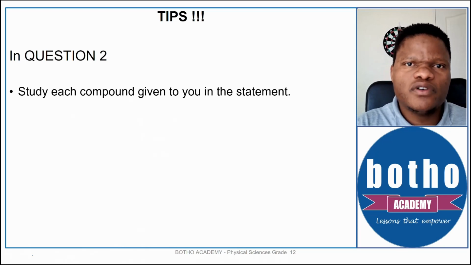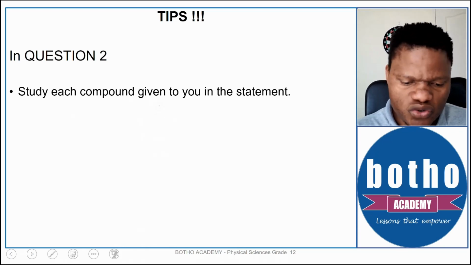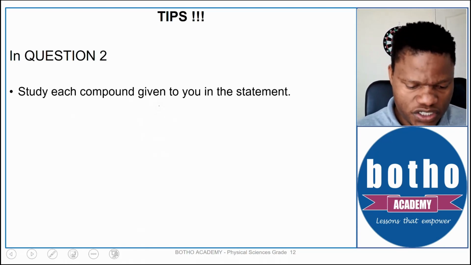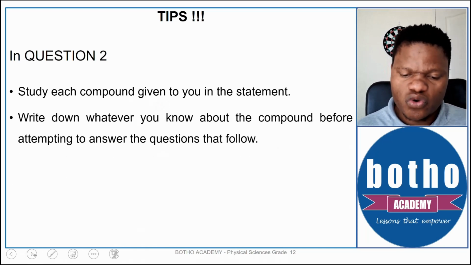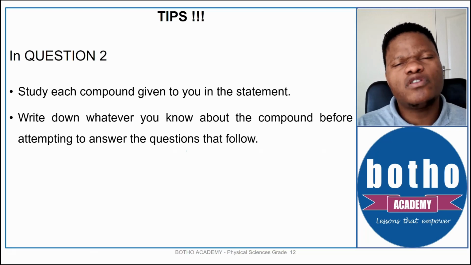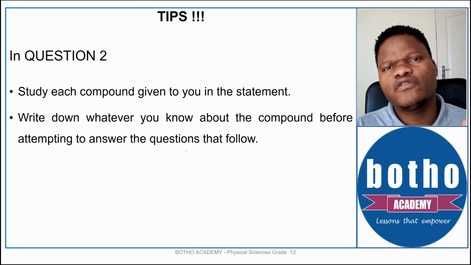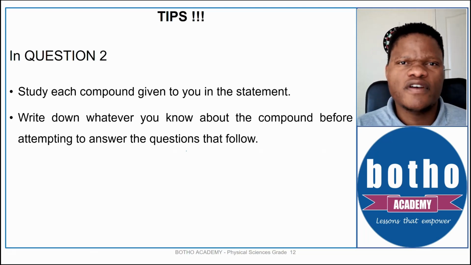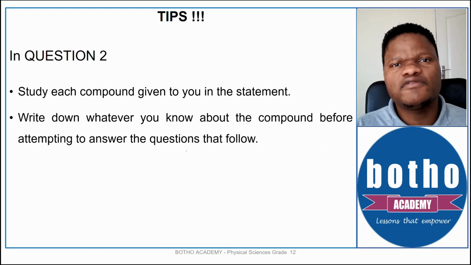If you know something about those compounds, write it down. Write down everything that you know about it, because it might be in the question. Very often they'll give you a table of compounds ranging from A to G or A to F, and they are written in different formulae.